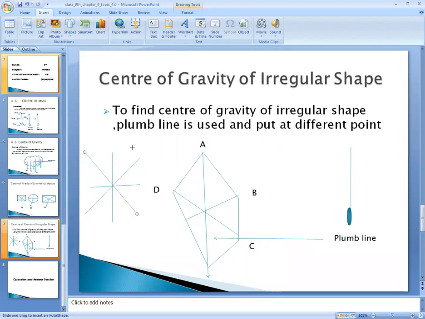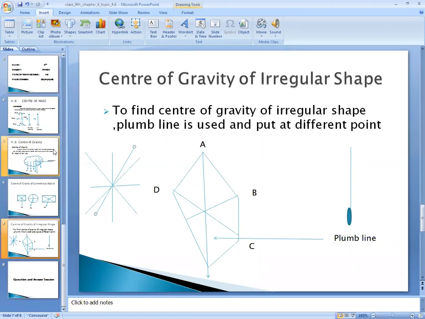Suppose it is passing from here. Okay, so this point where all the lines are cutting each other, this will be my center of gravity. I find the center of gravity of irregular shape.